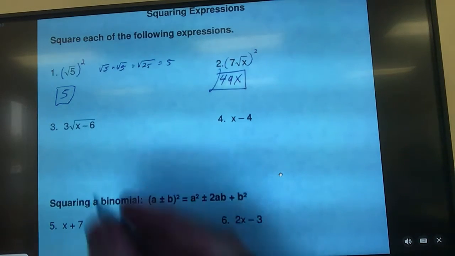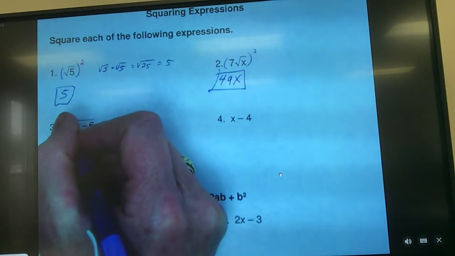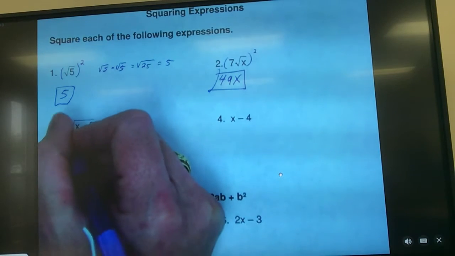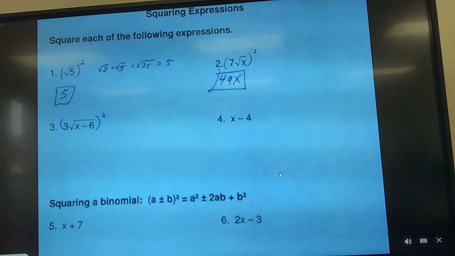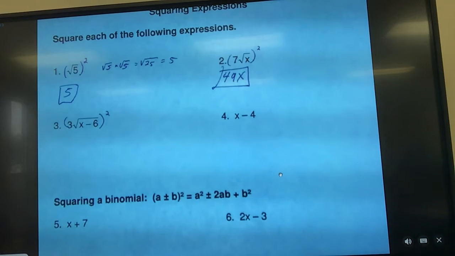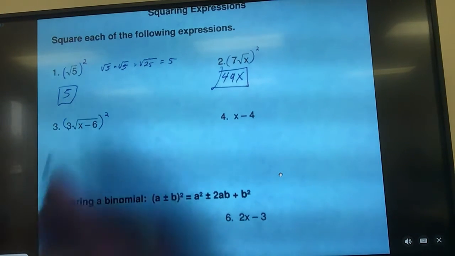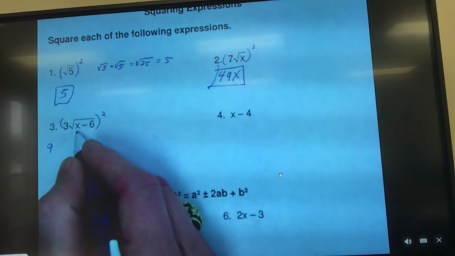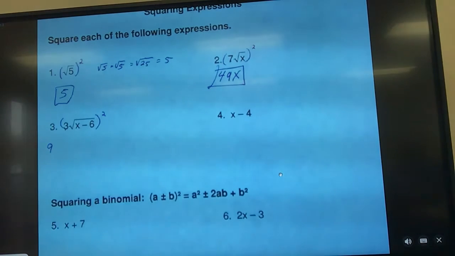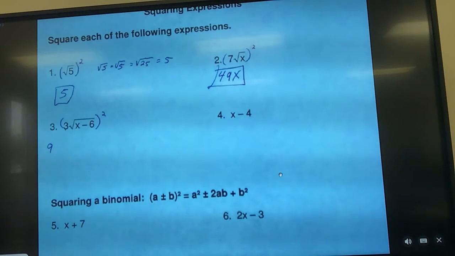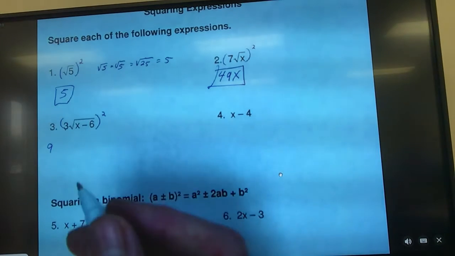Same deal here. We're going to take this guy here and do the exact same thing. We're going to square the whole deal. What is 3 squared? 9. And what is the square root of x minus 6, squared? x minus 6, right?